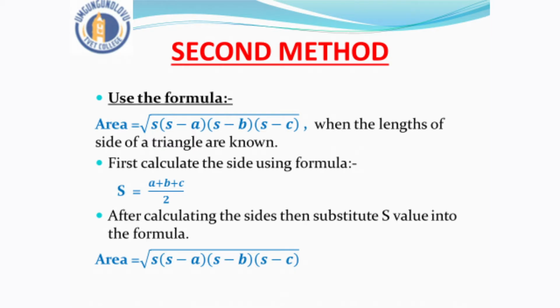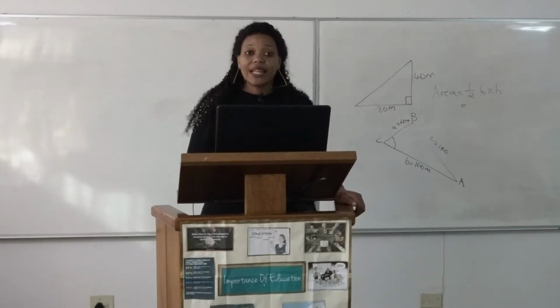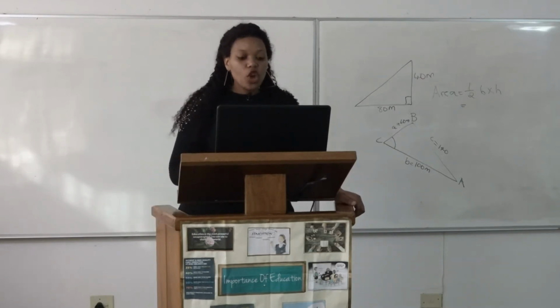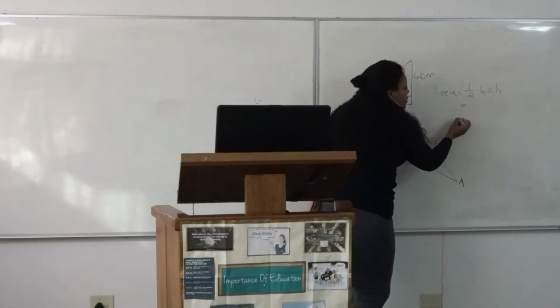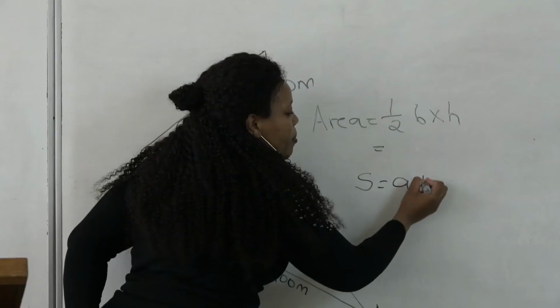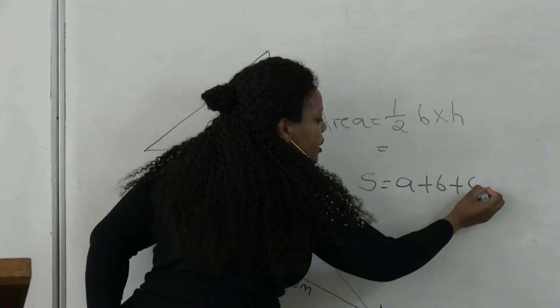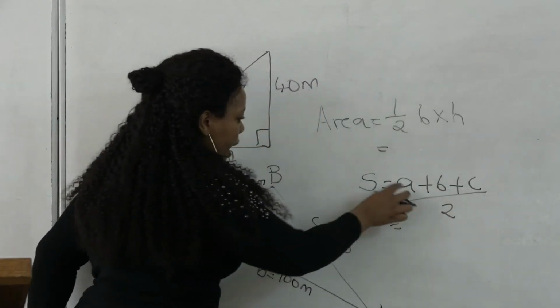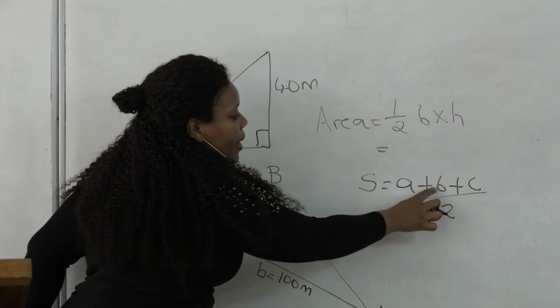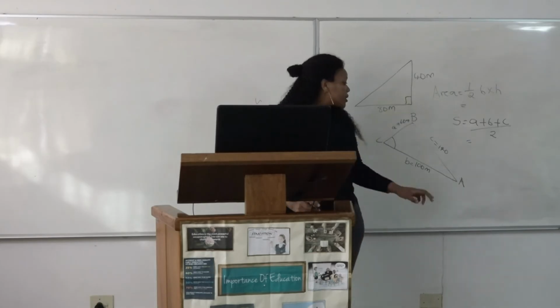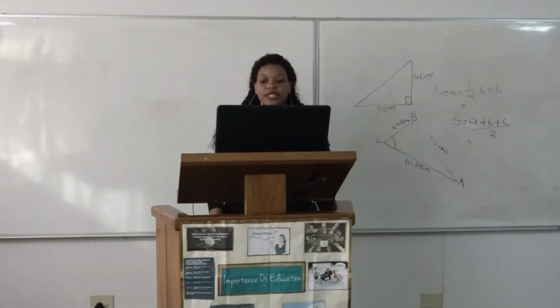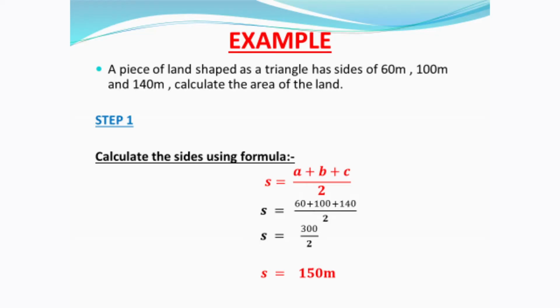The only thing that we don't have is S, so we use this formula: S is equal to a plus b plus c divided by 2, which a is this side 60 meters plus b, which is this side 100 meters plus c, which is that side 140 meters. Then you will get 150 meters.